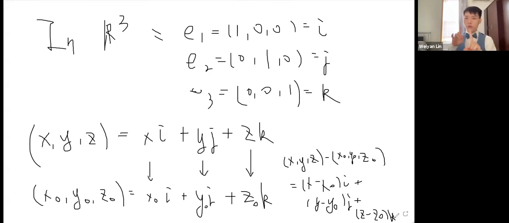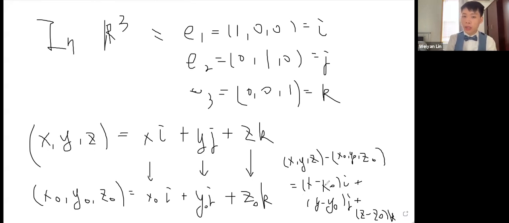In order for two vectors to match up perfectly, if they want to be the same vector, the endpoints must agree, because they all start from the origin. If the endpoints are the same, that means this difference vector must be 0.